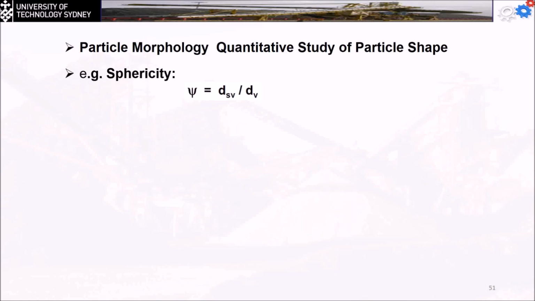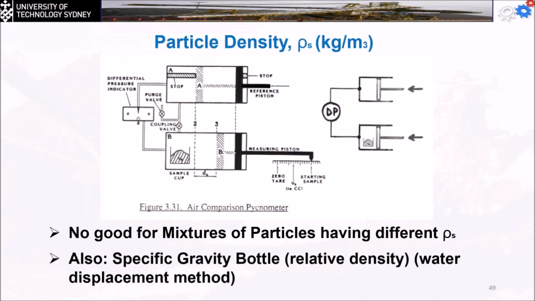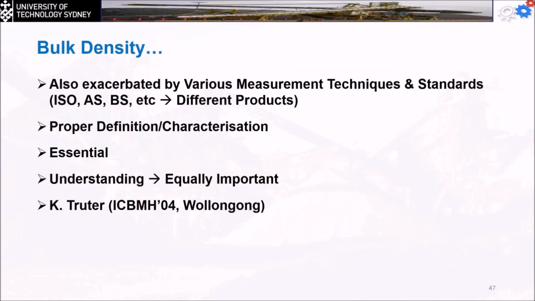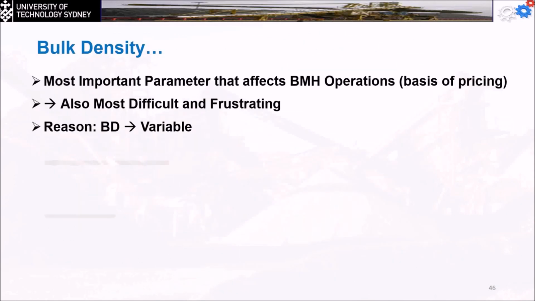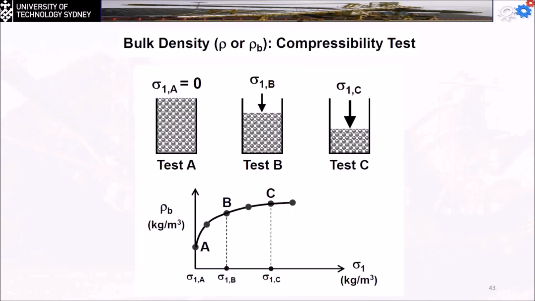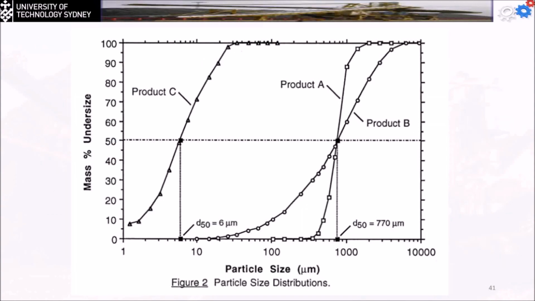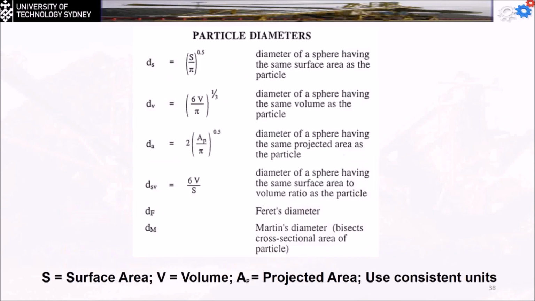Okay, that's dv, dA, and so on. So how we can use these diameters: diameter of the sphere with the same surface as the particle, diameter of the sphere having the same volume as the particle, diameter of the sphere having the same projected area as the particle, and diameter of the sphere having the same surface area to volume as the particle. And the Feret and the Martin diameters we use next.